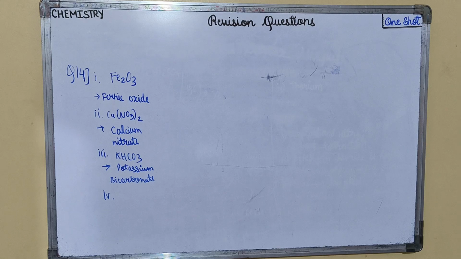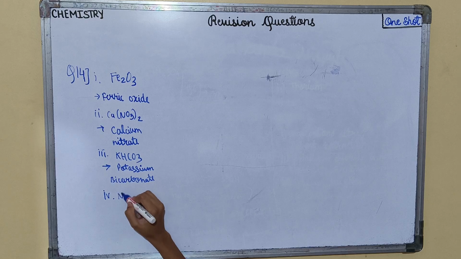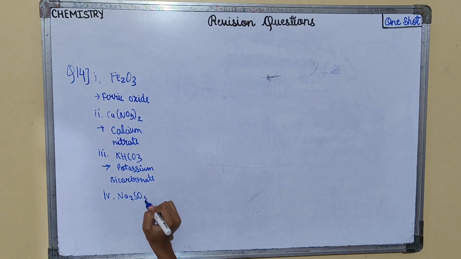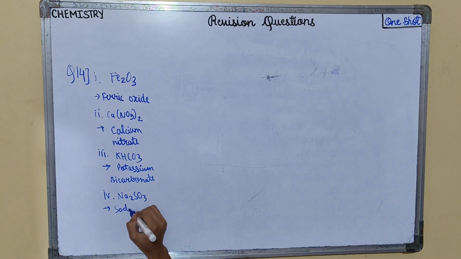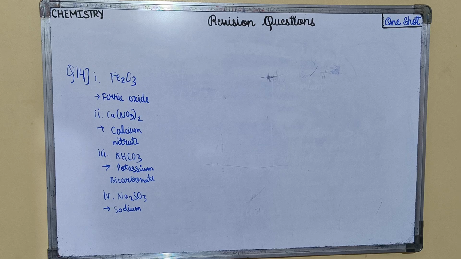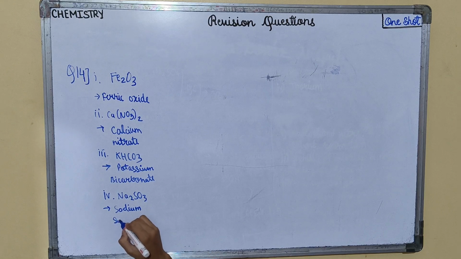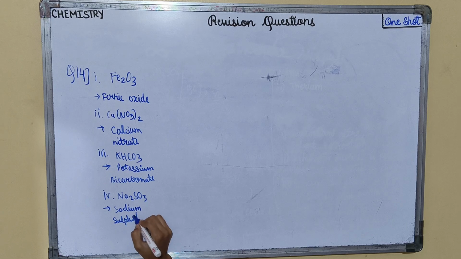Fourth one is Na2SO3, which is sodium sulfite.